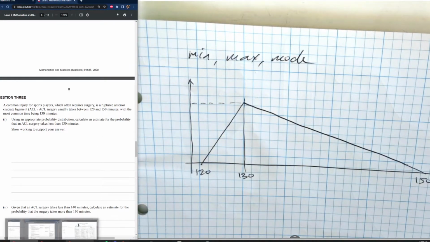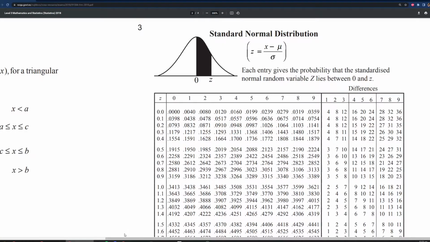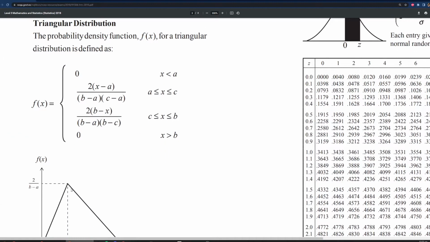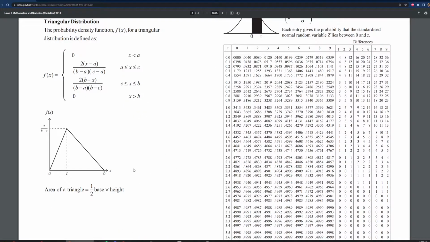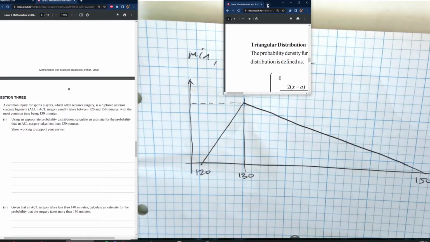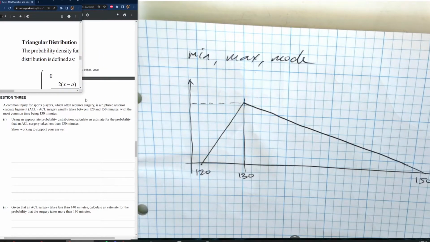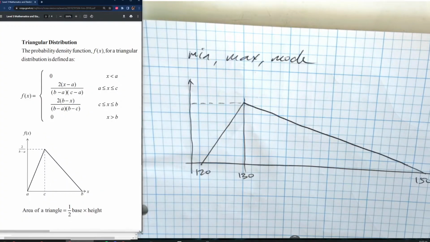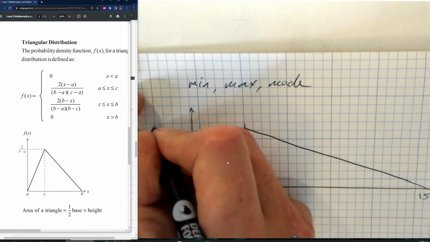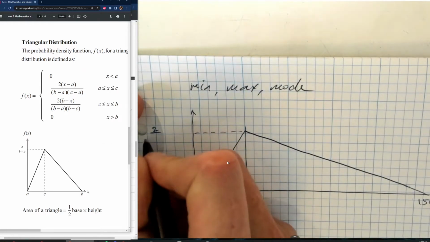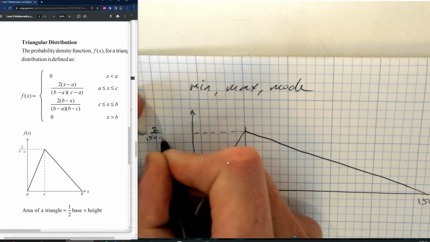We can go to our formula sheet for that. If you're doing triangular, you may as well just learn how to use the formula sheet, because it's all on there. Okay, so the height is 2 over b minus a. 2 over 150 minus 120.